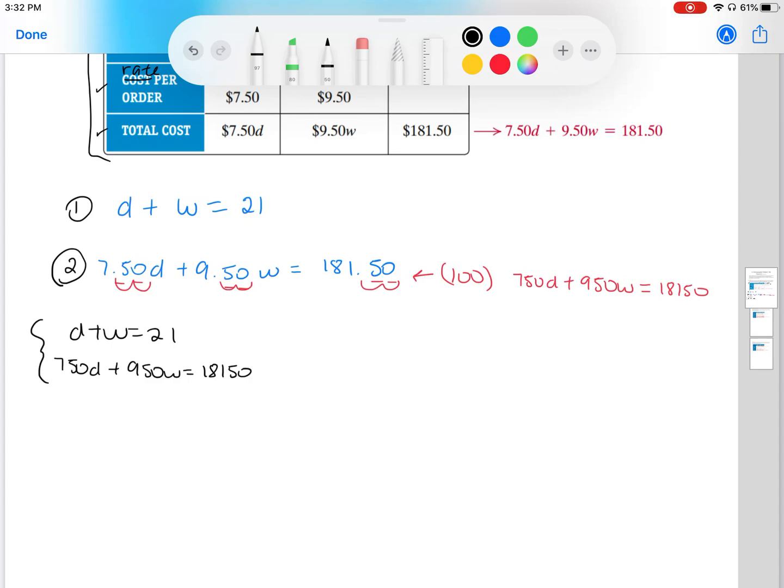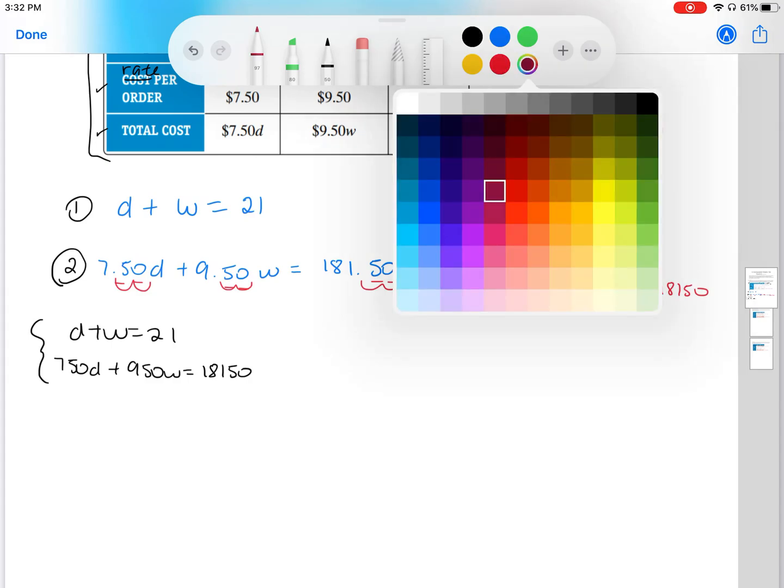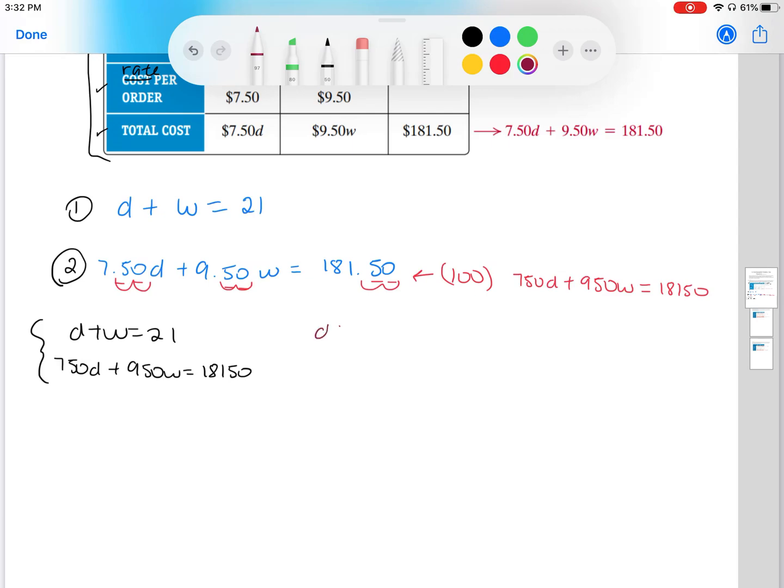Alrighty then. So you can solve any method you like. How about substitution? So I have D plus W equals 21. Let's get D by itself. So minus W, D is equal to 21 minus W. Let's plug it into our other equation so that we have 750 times D, which is 21 minus W, plus 950W equals 18150.